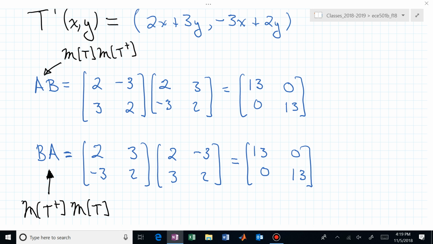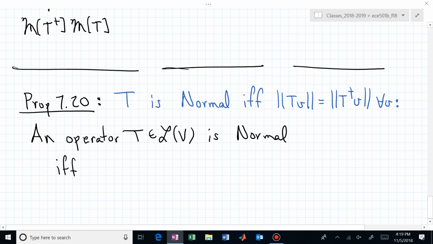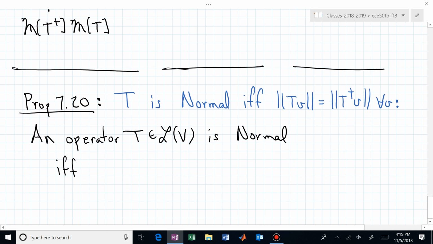That's all I'm showing. So now let's return to this idea of T being normal, and that doesn't mean that we also have maps that are weird. This is normal in the scientific sense, not normal and weird.